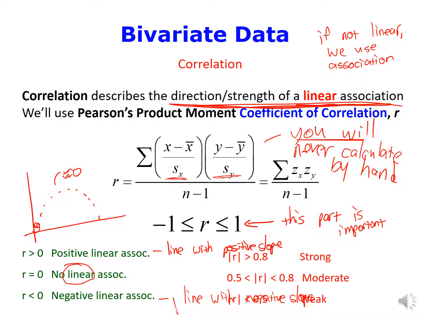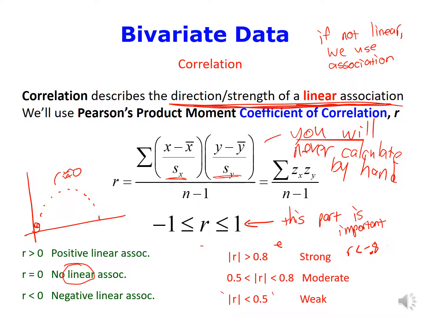Okay. Oh, and then for strength, this is more of a rule of thumb. If we have the absolute value of r greater than 0.8, that could also mean that r is lower than negative 0.8.